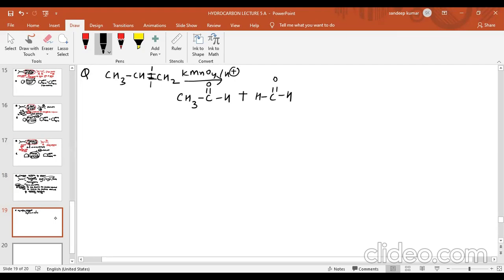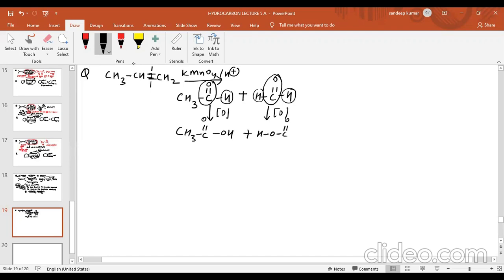Now see, in oxidative ozonolysis, there is further oxidation. When an aldehyde is obtained as product, there is further oxidation because hydrogen is attached directly to the CO group. Here also the CO group and 2 hydrogen atoms are there. So these hydrogen atoms will convert into OH groups. So this is a carboxylic acid, and this becomes OH, C double bond O and OH.